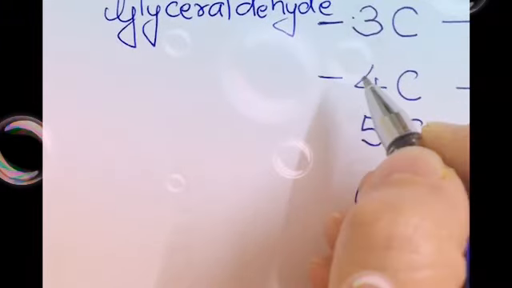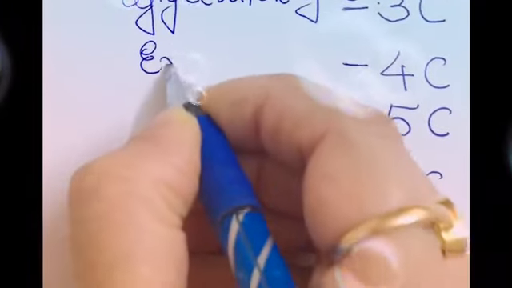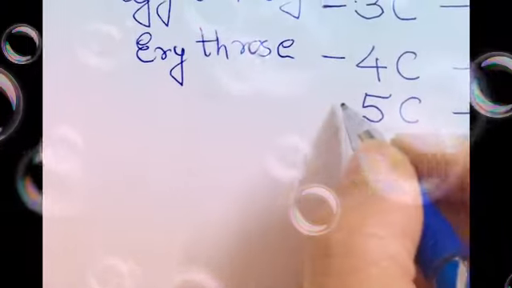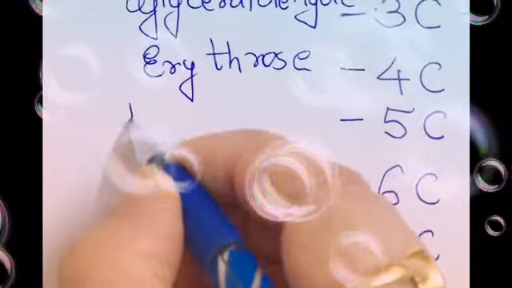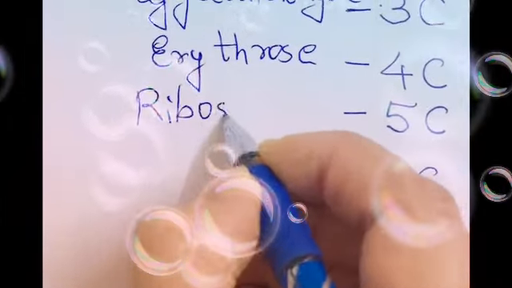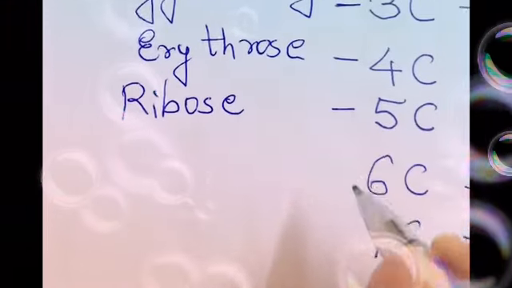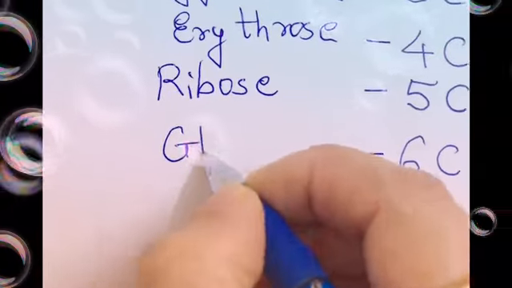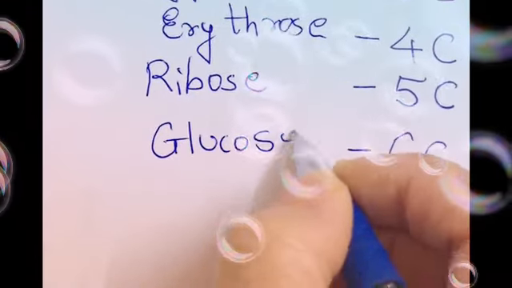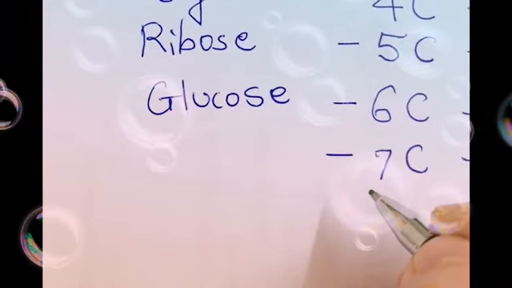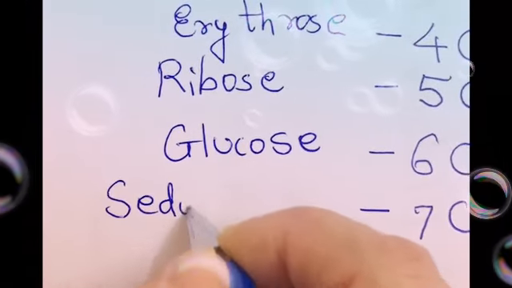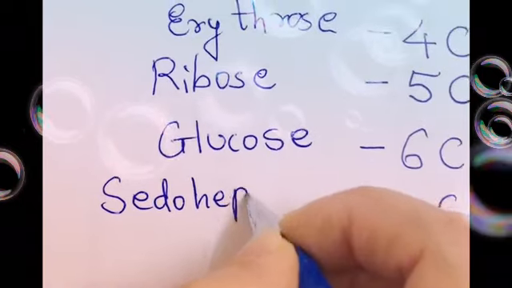Then the example of tetrose is erythrose, while the example of pentose is ribose, while the example of hexose is glucose or fructose or galactose, and the last example, of the heptose, is pseudoheptulose.